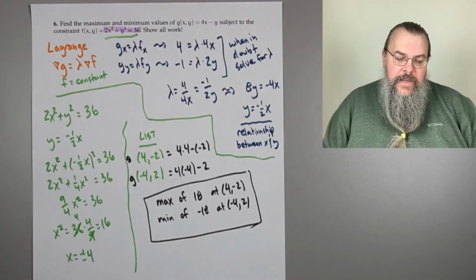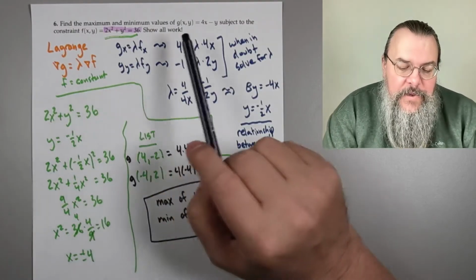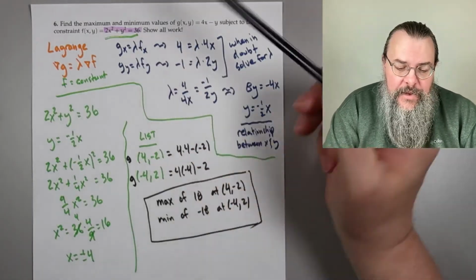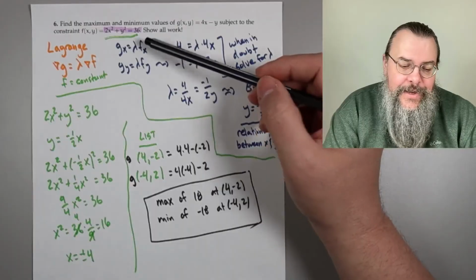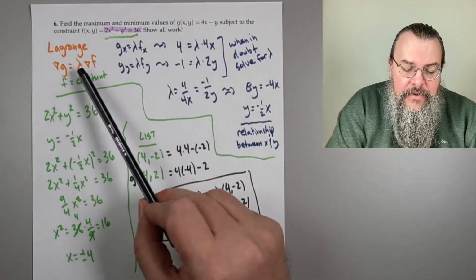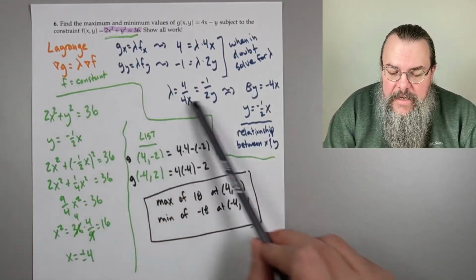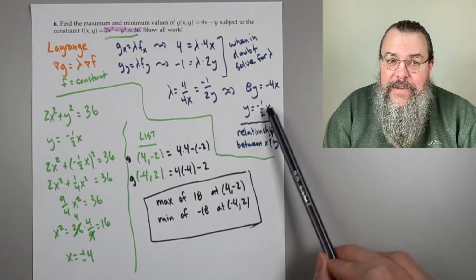So recap, what goes on with these problems? We first off recognize what type of problem it is. We have something we're trying to optimize with a constraint. So we say, all right, we have gradient of g equals lambda gradient of f. We use that, using when in doubt, solve for lambda, to derive a relationship between x and y.